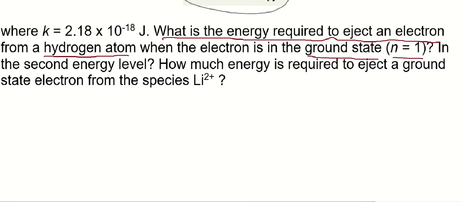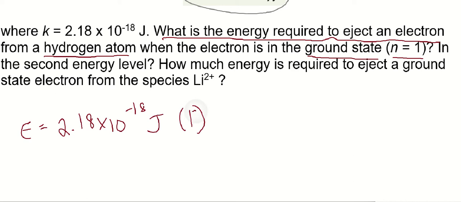It's n equal 1. The energy to remove this electron is going to be, we use this positive constant, 2.18 times 10 to the negative 18 joules. The nuclear charge for hydrogen is 1, so 1 squared is just 1, over n squared, and n is also 1 because it's in the ground state.